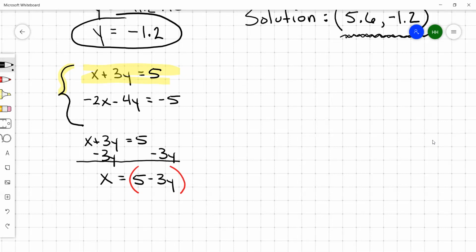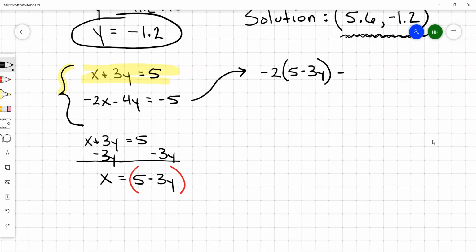Now, we rewrite the other equation. And where there's an x, we substitute a 5 minus 3y. So we take negative 2, and where the x is, we put a 5 minus 3y.